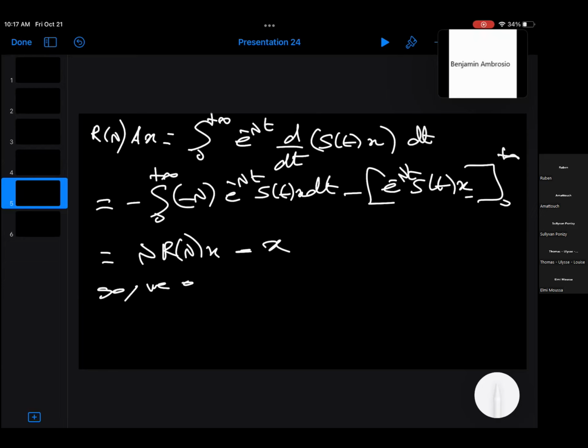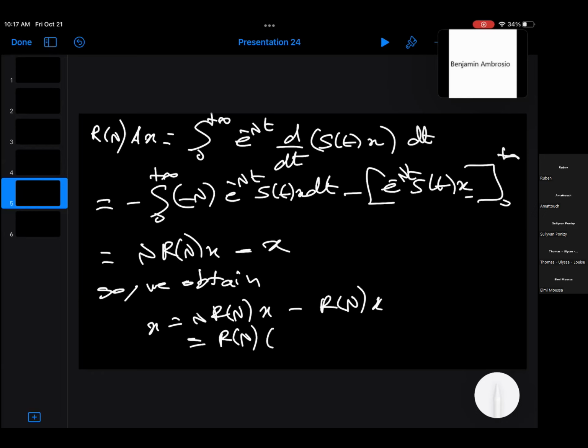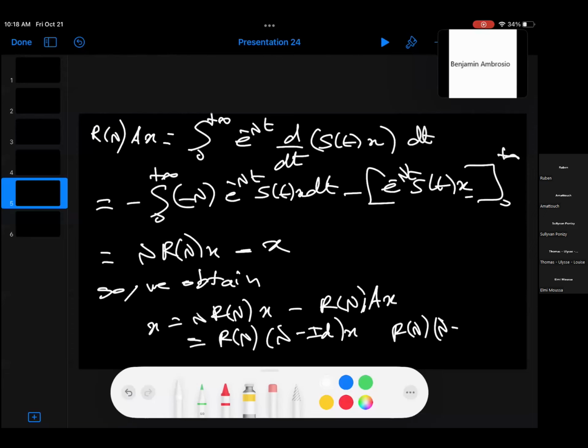We obtain x equals lambda R lambda x minus R lambda A x, equals R lambda times lambda identity minus A x. Sorry, I did forget the A here, so I put it again.